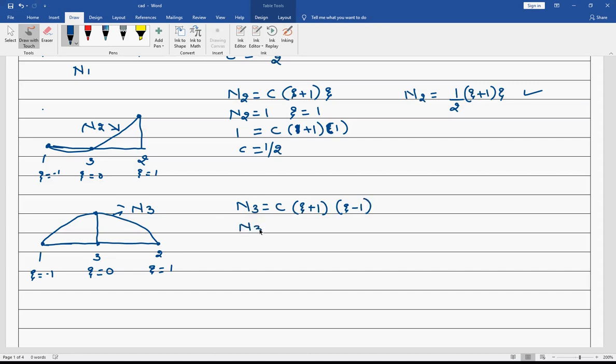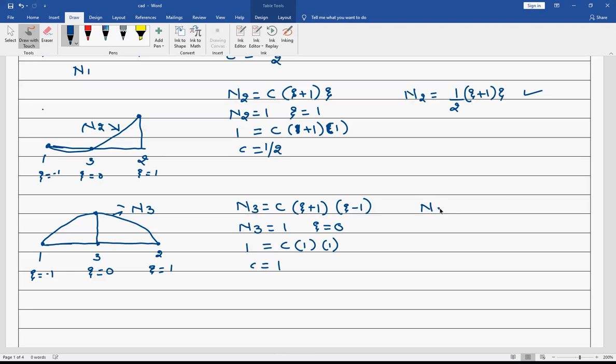Now I am aware that N3 is equal to 1 at xi equal to 0. So let's put N3 equal to 1, c into 1 into minus 1. So from this I get c equal to minus 1.